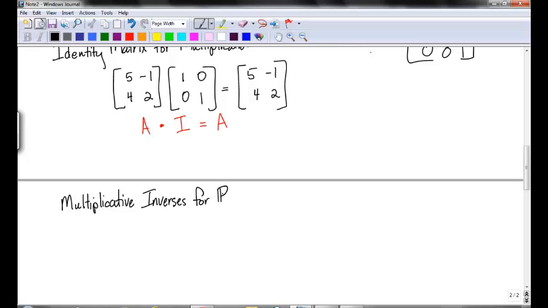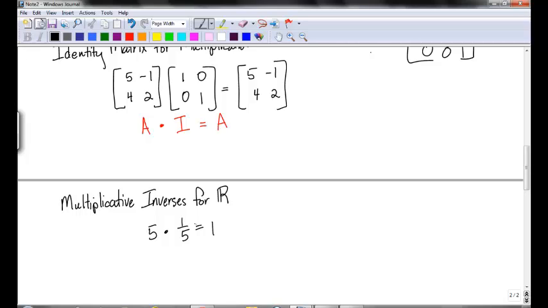Remember, reals are everything on the number line. So if I did multiplicative inverses for reals, if 5 was my number, what's its multiplicative inverse? 1/5. Reciprocals, that's another word for it.